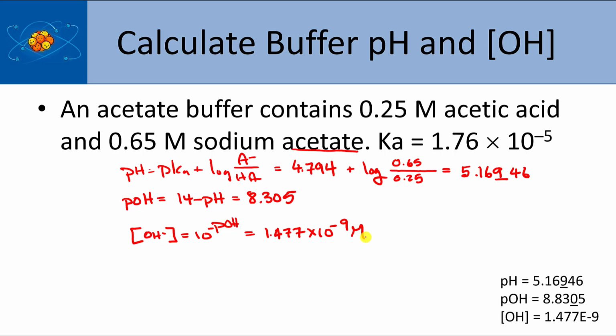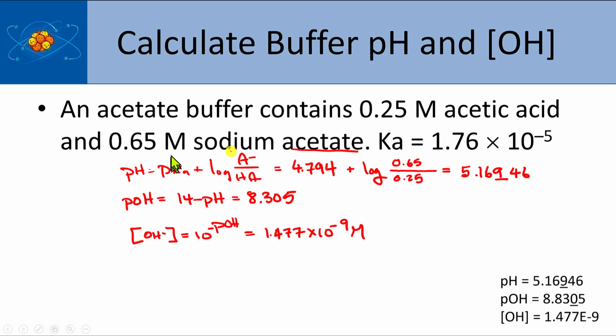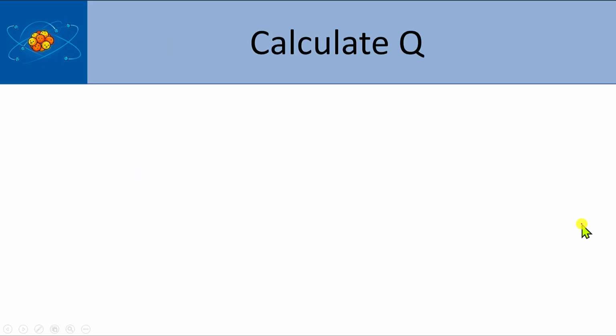The next part is to use that number and to calculate Q. Again, asking whether or not magnesium hydroxide will precipitate. So we need to calculate Q, which of course means we need to know what Q looks like.